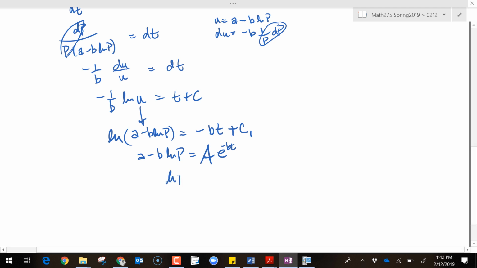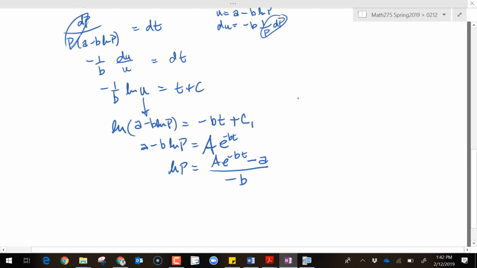So ln P is equal to A e to the negative bt minus a divided by negative b, and then P is going to be the exponential. e to this whole thing, A e to the minus bt minus a, divided by b.